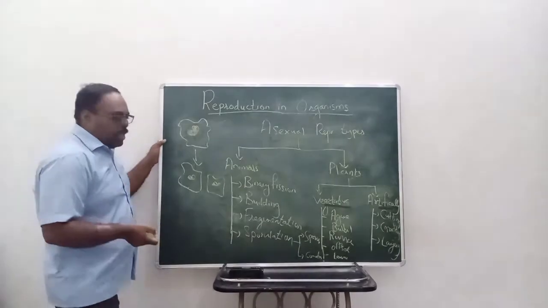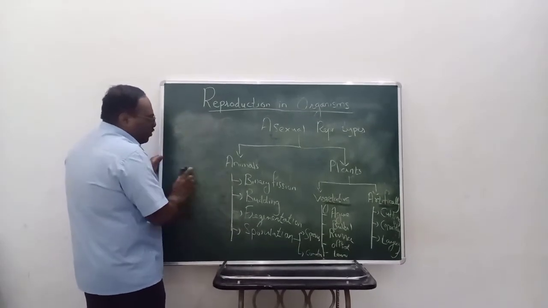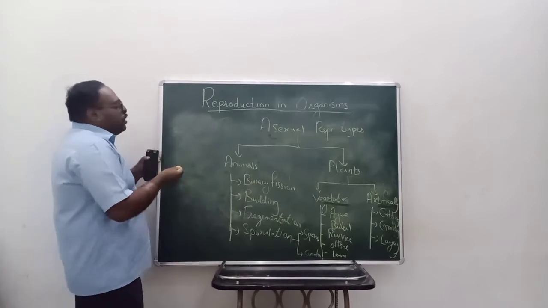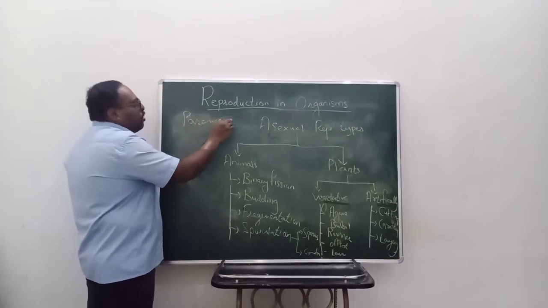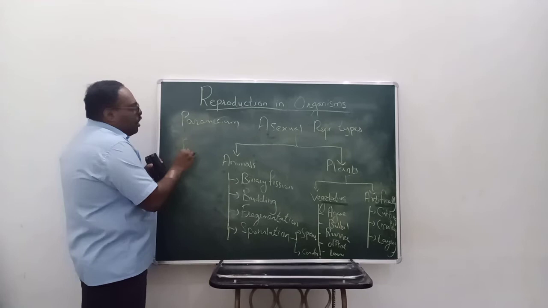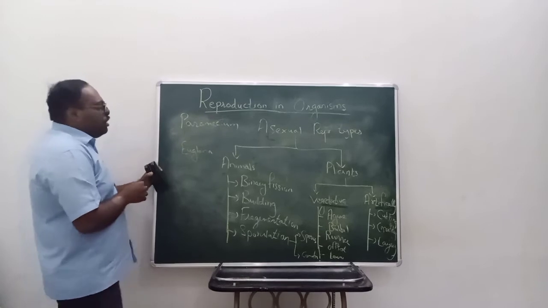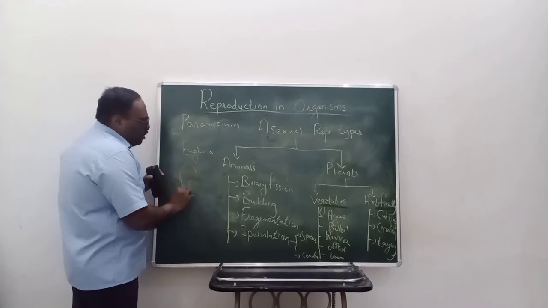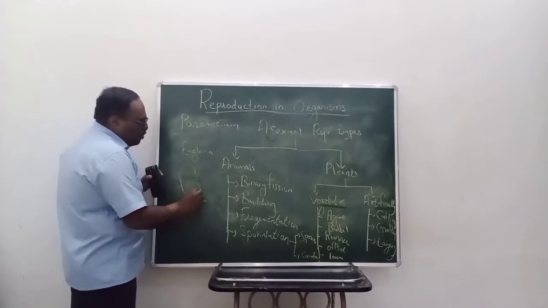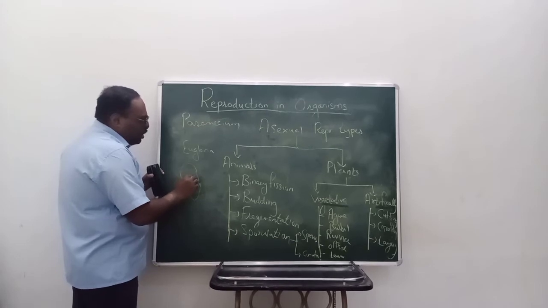Apart from that, there are some other organisms, for example paramecium and euglena. If you see paramecium and euglena, we can notice something. Paramecium looks like a slipper-shaped structure like this, with a mouth over here, and the genetic material is present over here.